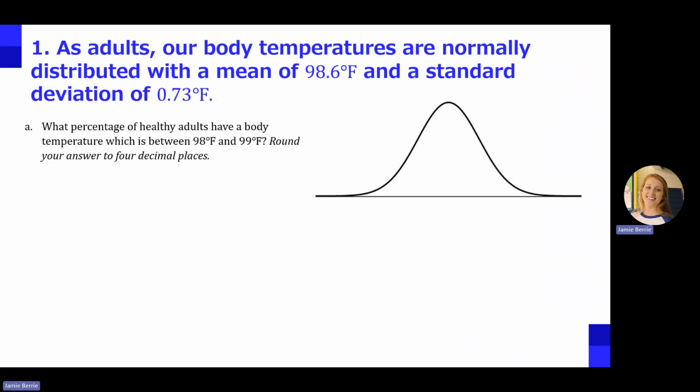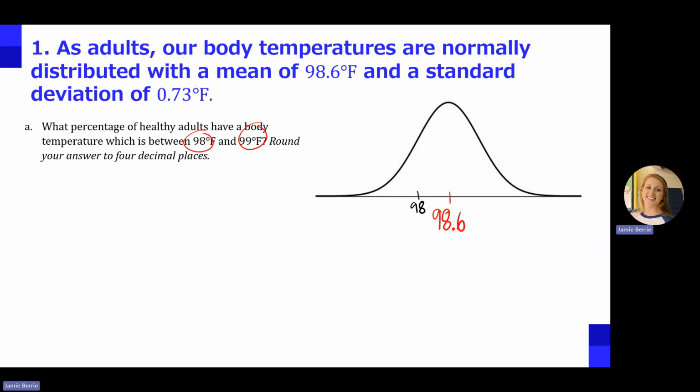All right, so we start by just drawing our little normal curve. Then we're going to put our mean in the middle. Remember, this time we're not in the standard normal distribution. We're just in a normal distribution. So we put our mean in the middle, 98.6. And we're looking between 98 and 99. 98 is going to be to the left of 98.6, just a little bit, like right there.